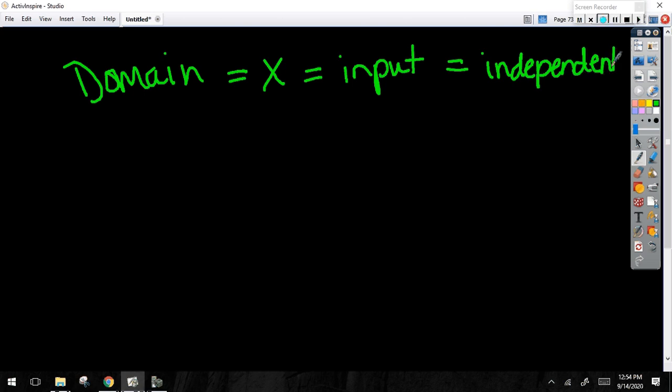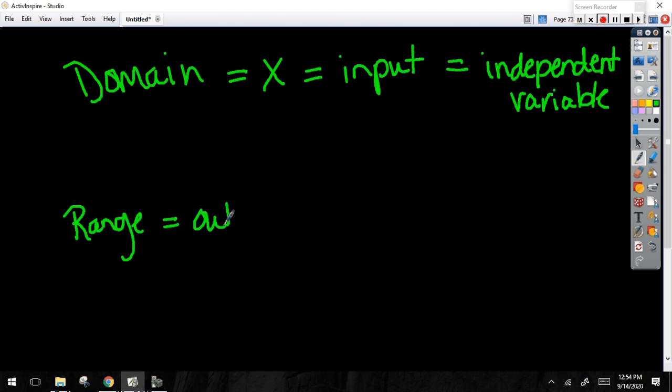Lots of different names describing the same thing. With range, what does range describe? Output. Y. Dependent. That's exactly right.